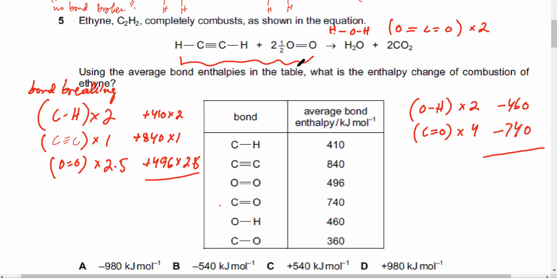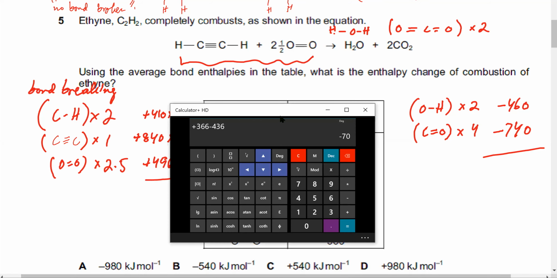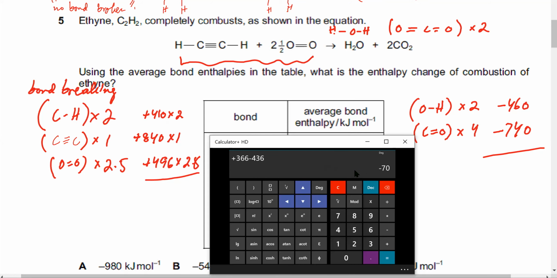And sum all of them up. It's bond breaking, positive, minus bond formation, that's negative. So we're going to try and sum them up. Let's start. It's going to be 410 into 2 plus, be very careful with your calculations, plus 496 times 2.5, and then there's going to be all the minus values, minus 460 times 2, and then there's minus 740 times 4.